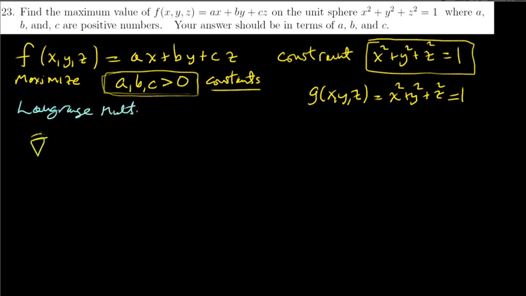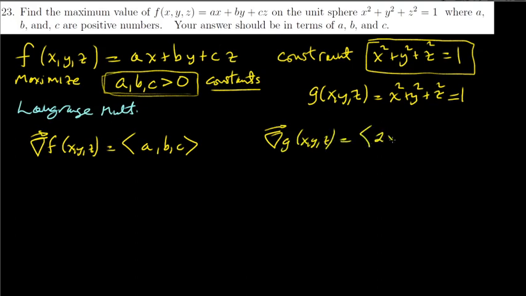After all, taking the gradient of f is not a big deal here. You just get a, b, and c. And then taking the gradient of g is also not hard. We've done it before many times. 2x, 2y, and 2z.